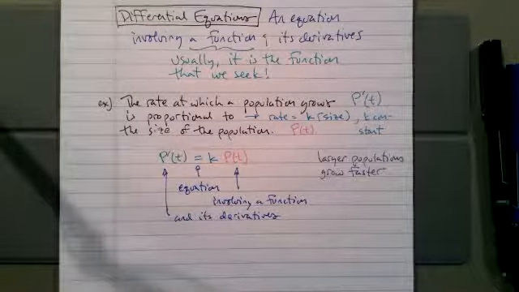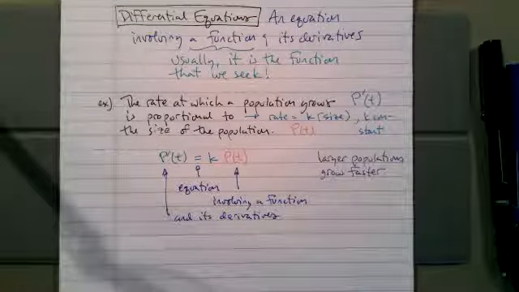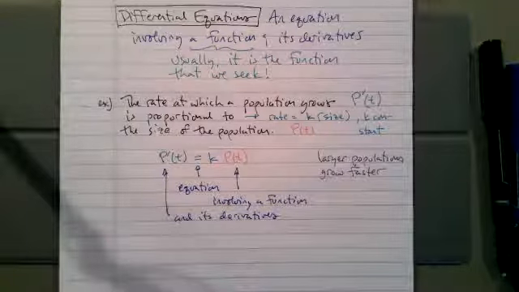If we have twice as many members of the population, then the population will be growing twice as fast, because there's more members to make more members of your population. Any questions?